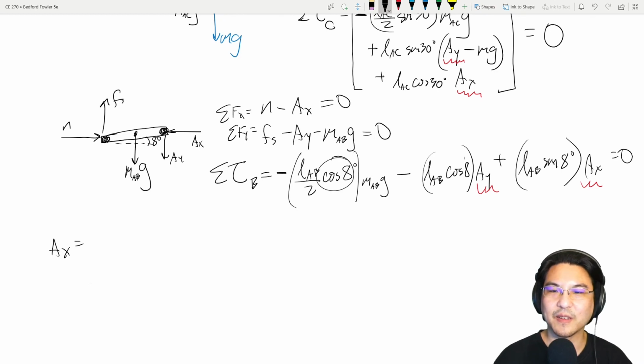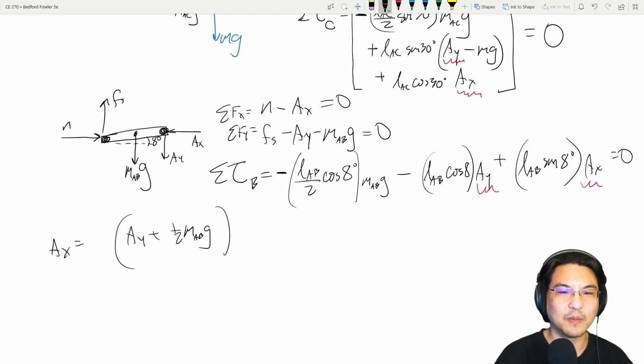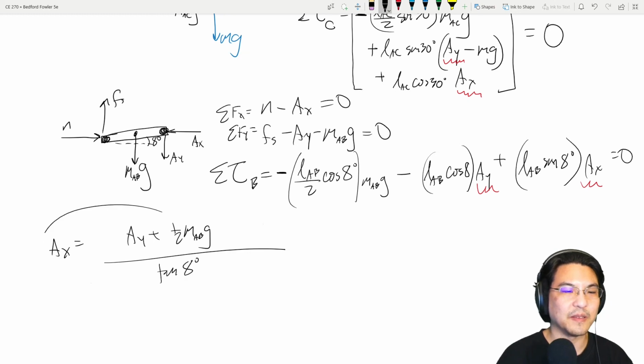And then there's a cosine over here, so we have AY, and then there's a half over here. This times cosine 8 divided by this sine 8. So cosine over sine, I'll just put tangent. Okay, so this is AX.